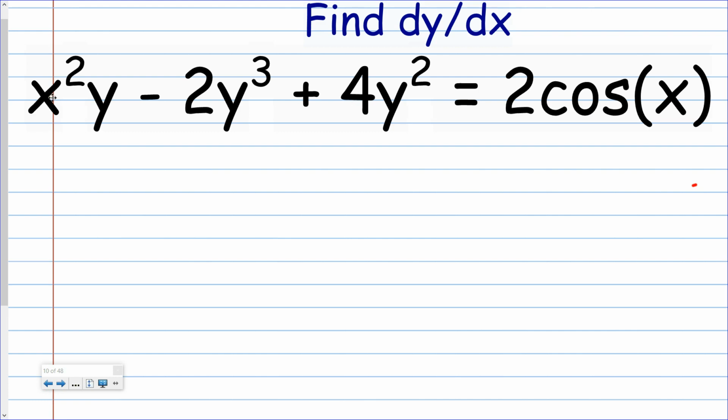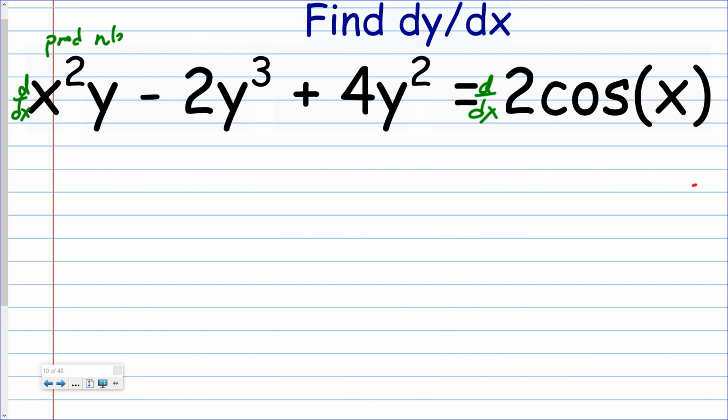All right? Okay, so what I'm going to do is I'm going to take the derivative of each term. So I thought, let me do it in a different color. I thought I had to just take the derivative of one thing, but oh boy, I get to take the derivative of 4. Oh boy, okay? Yes. All right, so what I'm going to do is, do you guys see when I take the derivative of this first term, do you see what rule I'm going to have to use?